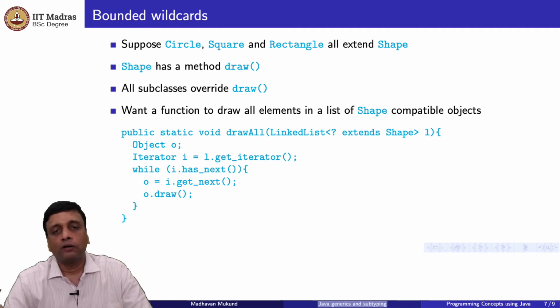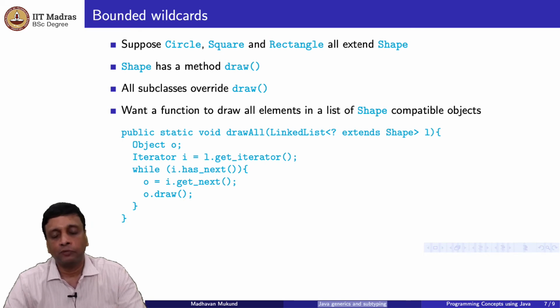Now the typical thing that we would like to do is process an array which has multiple types of shapes, and draw all of them. So how do we describe a list which can hold any type which is compatible with Shape? We don't want it to be a linked list of anything, but a linked list of something which is compatible with Shape.